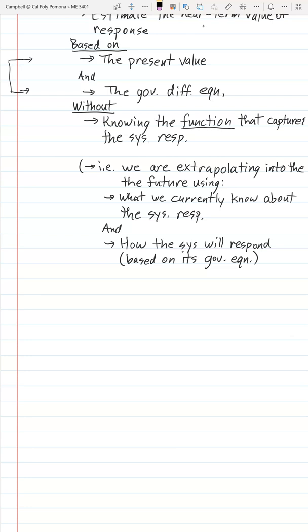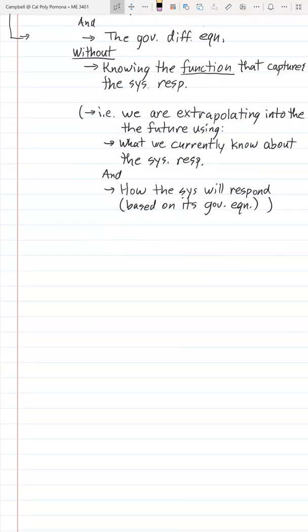Based again on that governing equation. Okay, so that's another way to say what we're going to be dealing with. And so let's go ahead and introduce, and there are many methods, we're going to introduce probably the simplest method.